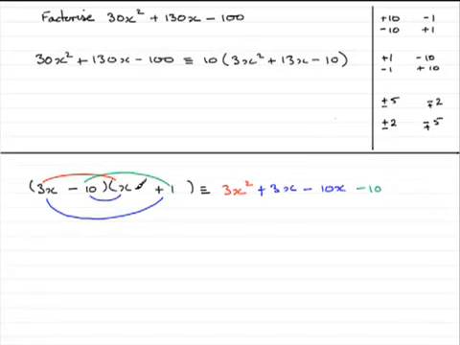But is it a 1 and a 10? Let's swap the numbers around and not worry so much about the sign. So 1 and, well, we've got to keep that as a plus, so we'll have plus 10. What have we got now? We've still got minus 1 times 10, which is minus 10, but for the x terms, we've got 3x times plus 10, which is plus 30x, and minus 1 times x, which is minus 1x.